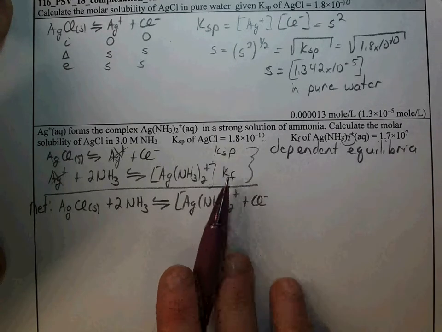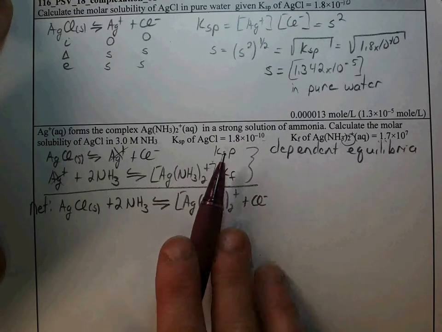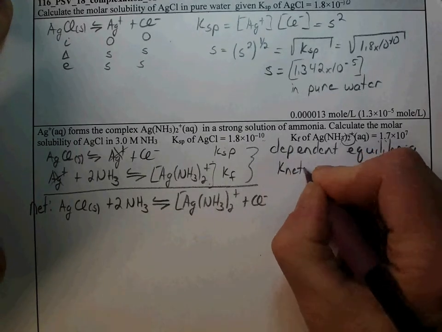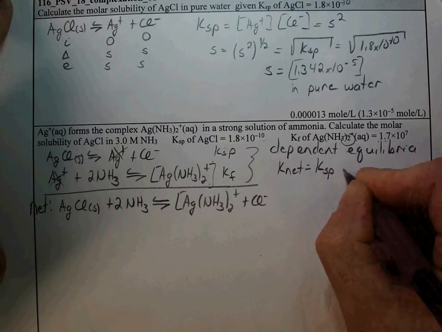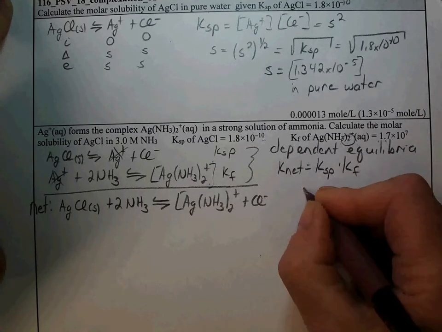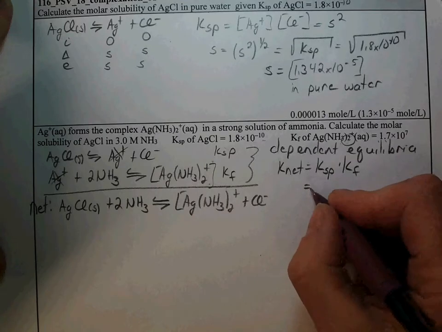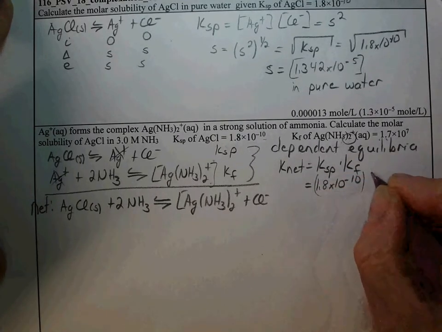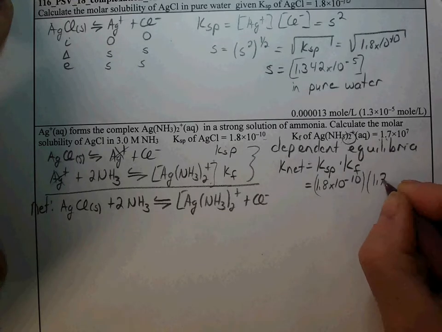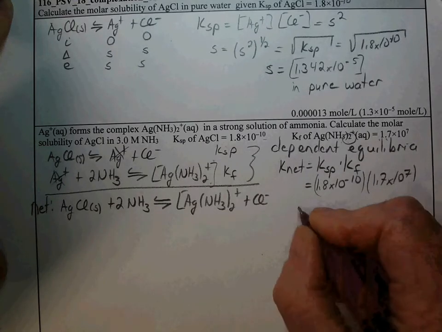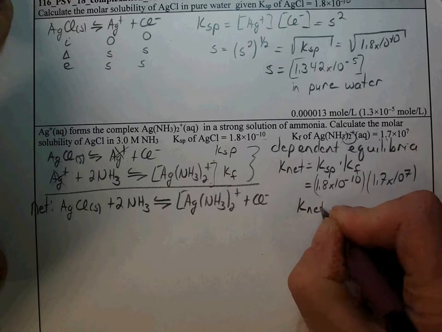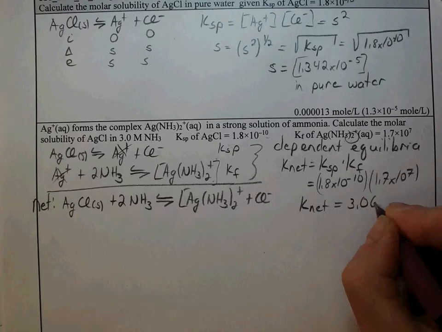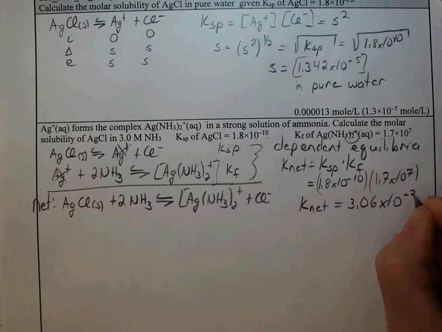To get the net value of K, we multiply these two. So K net is achieved by multiplying these two values. K net is thus equal to 3.06 times 10 to the minus 3.